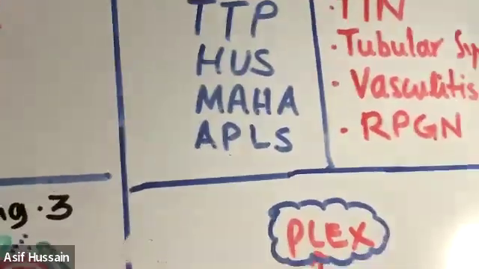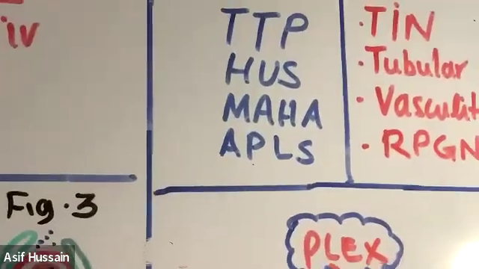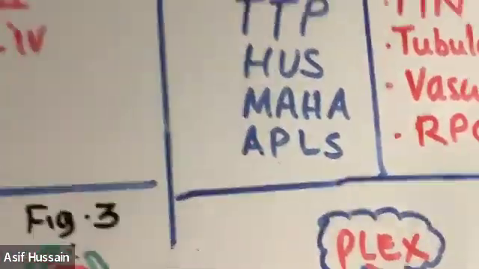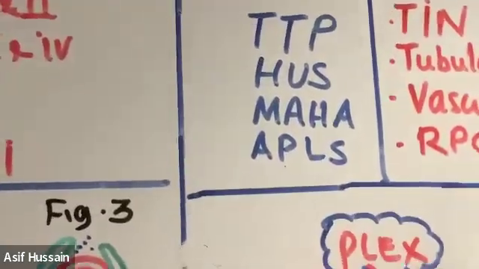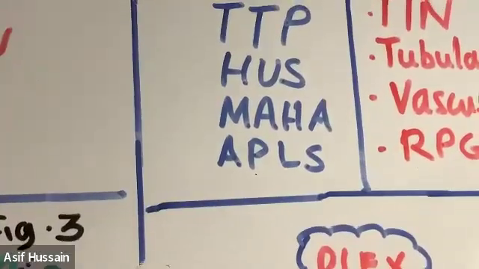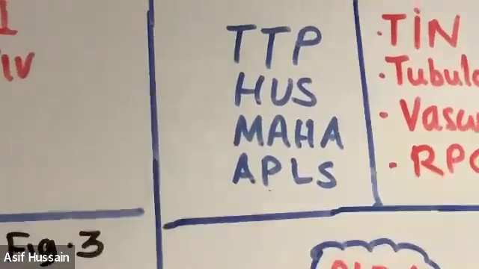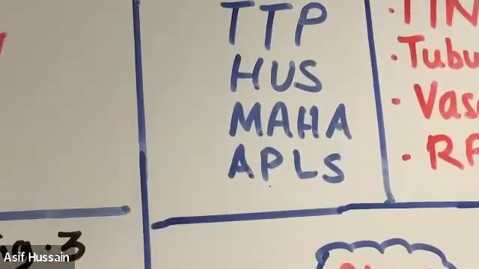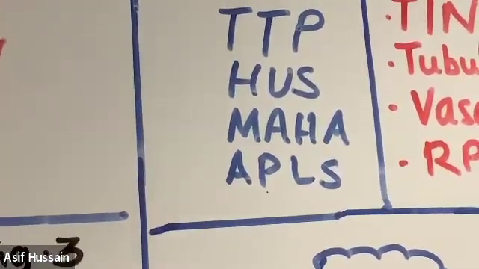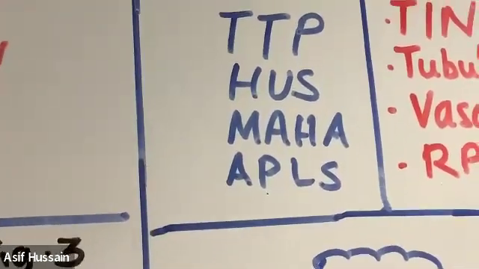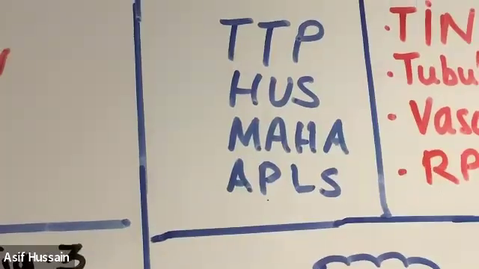What are the clotting tests? If the clotting tests are normal, this is more likely TTP and HUS. If the clotting tests are abnormal, this is more likely DIC. TTP and HUS are basically because of toxins, autoimmune factors, or antibodies, or anything which can damage the capillary endothelium and cause platelet plug formation, or anything which can cause activation of the platelets.